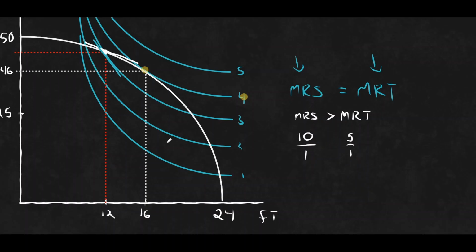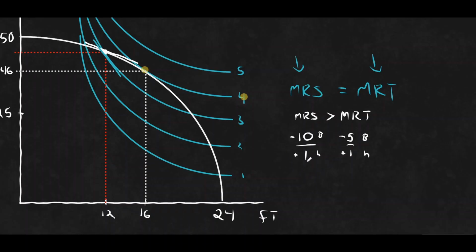Again, this is our slope, so rise over run. So marginal rate of substitution would be 10 bushels per hour of free time versus 5 bushels per hour of free time. Keep in mind, these are downward sloping, so they are negative. So negative for the top, positive for the denominator, thus giving us a negative value in the end.